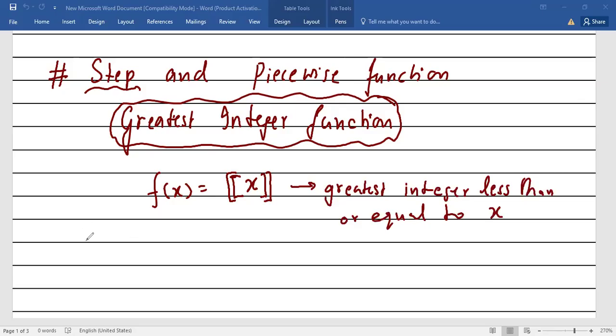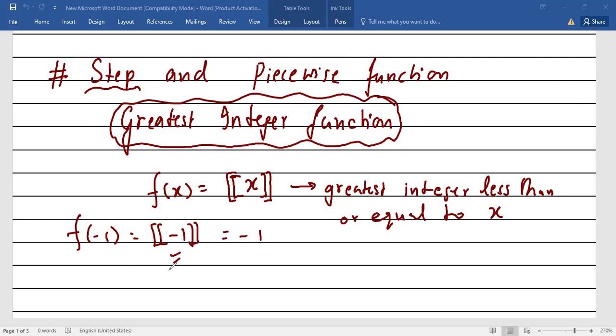If I ask what is f of minus 1, that is, the greatest integer function of minus 1, we have to find the integer which is less than or equal to x. Which integer is less than or equal to minus 1? The answer will be minus 1.